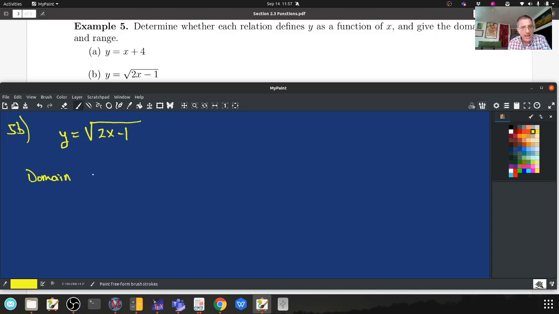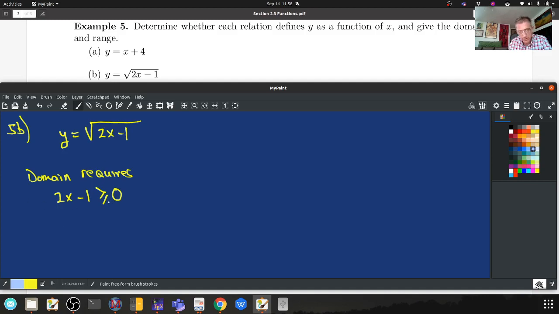So the domain requires what? 2x minus 1 to be greater than or equal to 0. Why do I need 2x minus 1 to be greater than or equal to 0? Because if it's less than 0, this is a complex number, and these are real valued relations and functions.